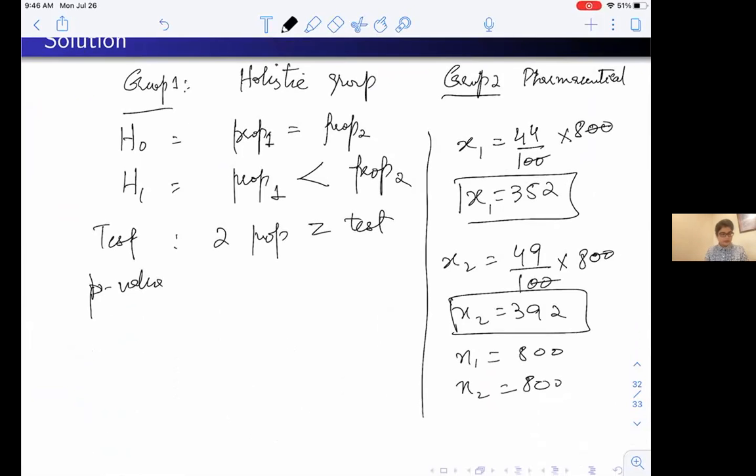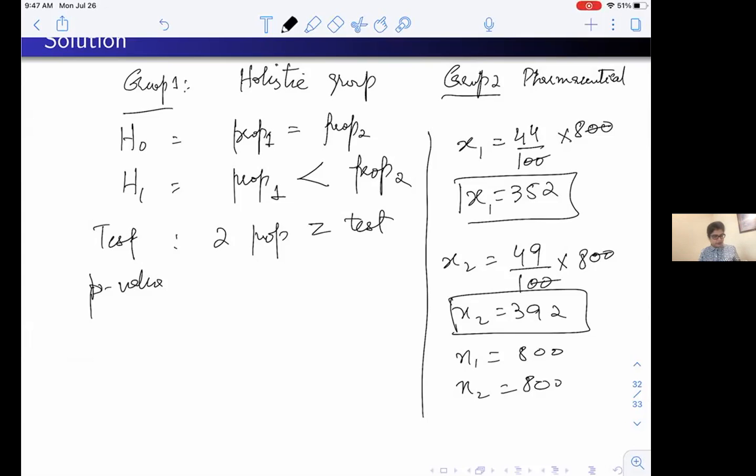So these values you have to enter in your calculator. Go to test, 2 prop z test. X1 is 352 and N1 is 800. X2 is 392 and N2 is 800. And then I am going to select P1 is less than P2. So this is how I'm going to enter all the values in my calculator.